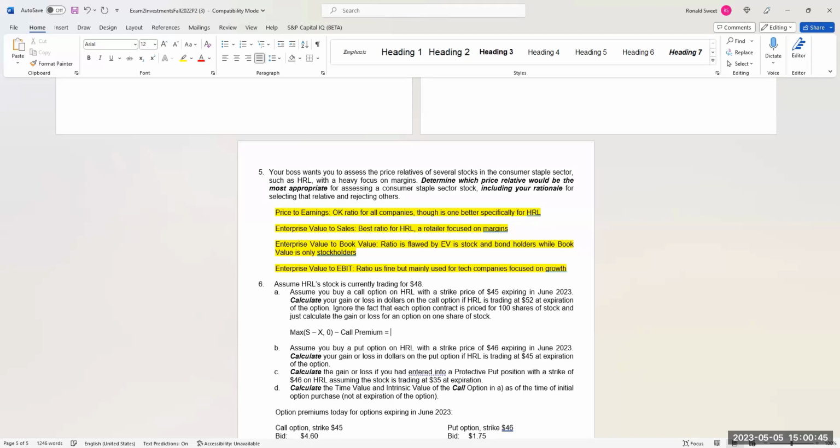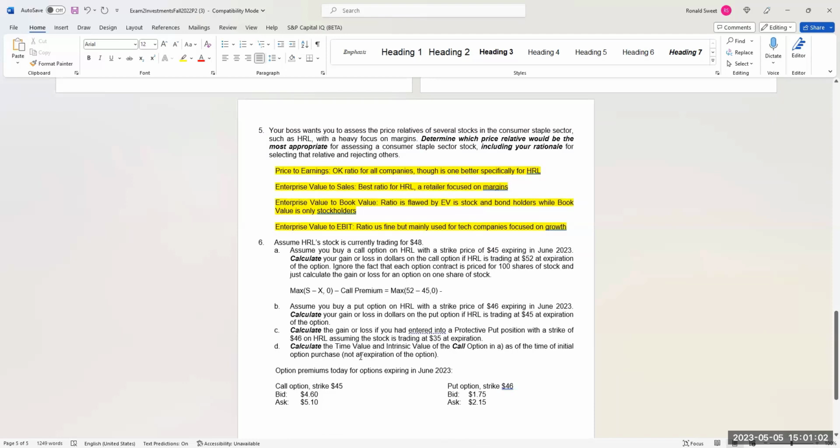That's going to equal max the stock price. If they're trading at $52 and the strike is 45, so we made $7 there. But the option cost $5.10. So $7 minus $5.10 gives us $1.90.